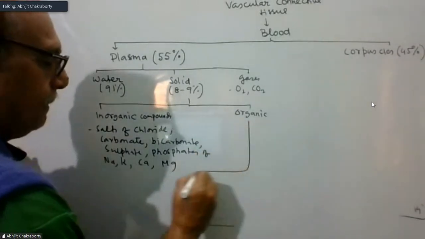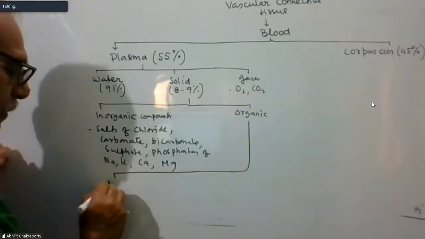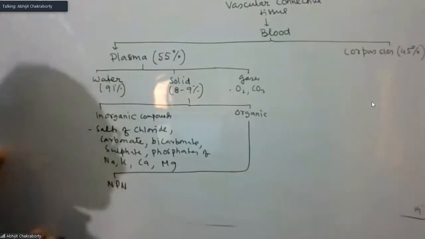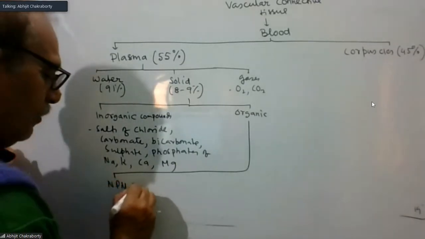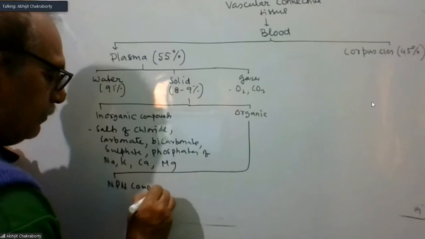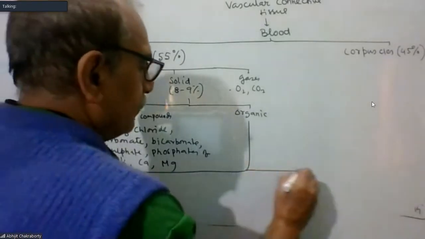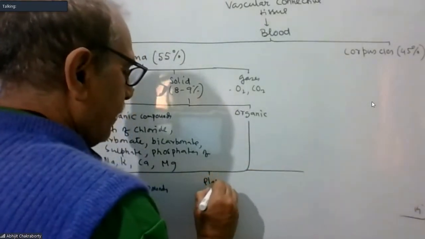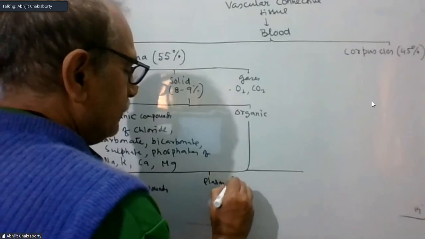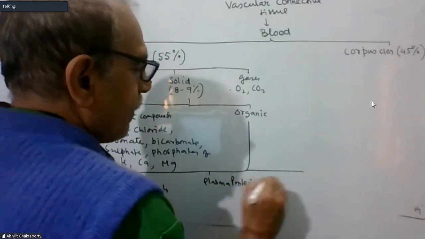Organic includes NPN compounds, plasma proteins, and others.